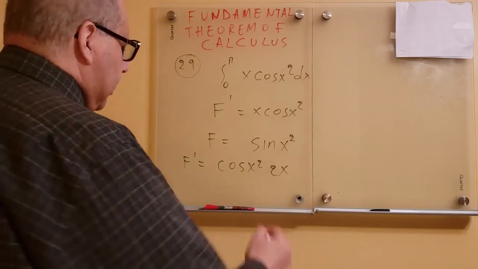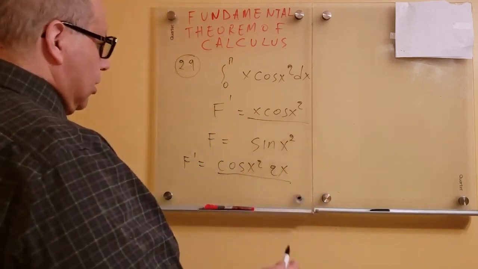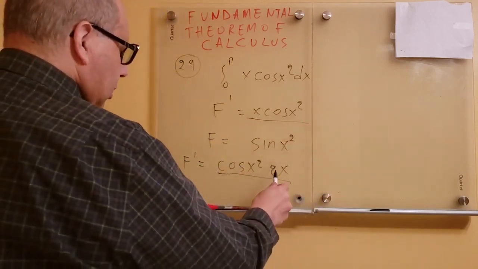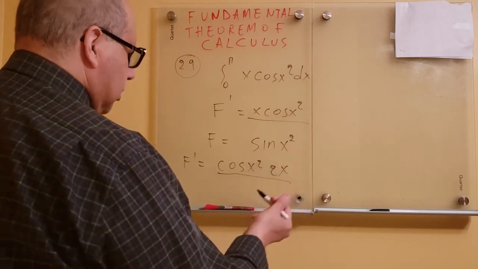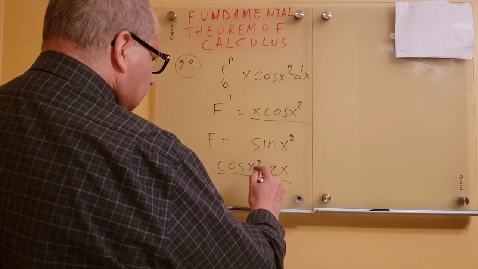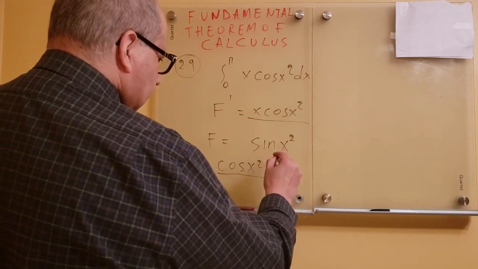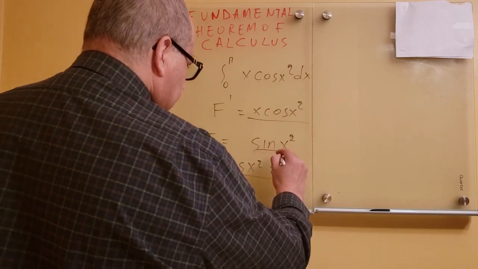Now, if you compare this with what we want to get, you see that everything is good, with the exception that you have this 2 here. So that means that we have to divide this function by 2.